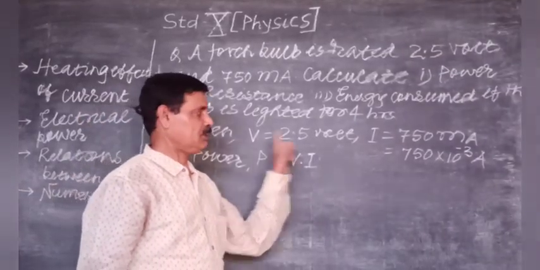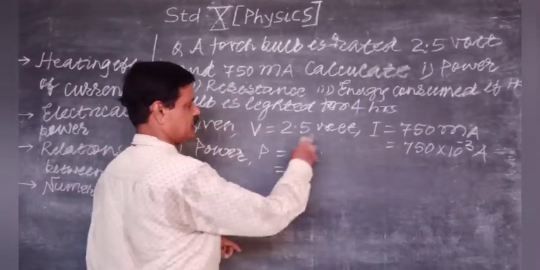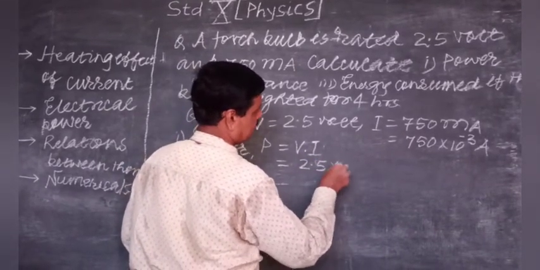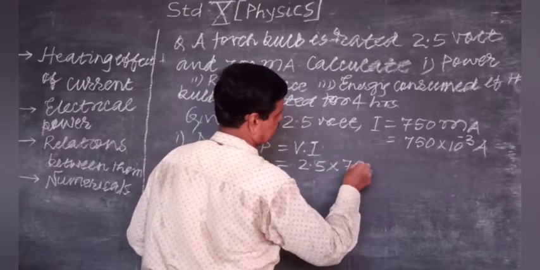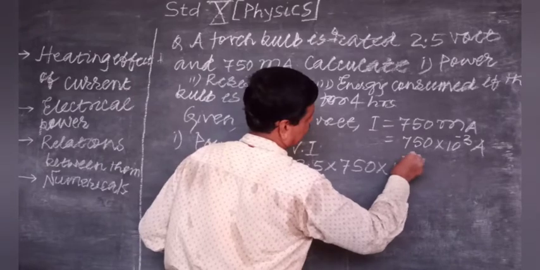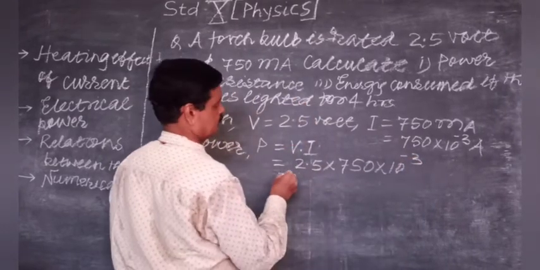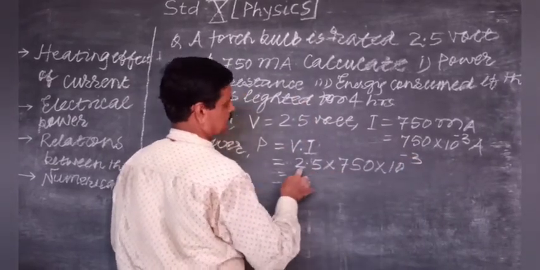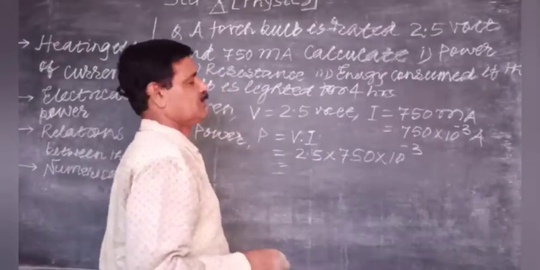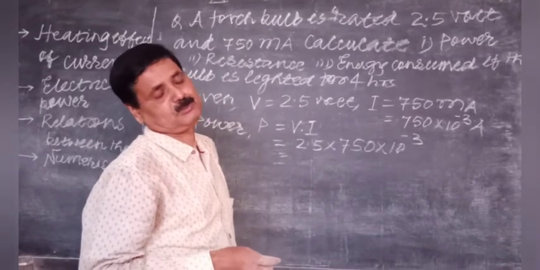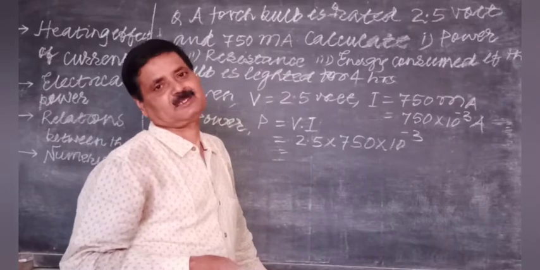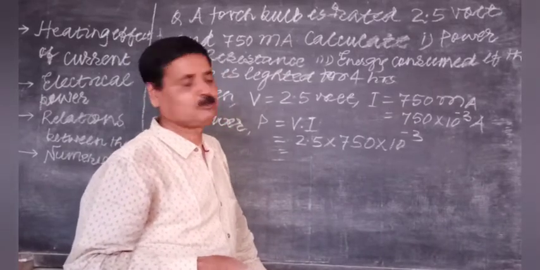Since the values of V and I are already given, V is equal to 2.5 and the value of I is 750 into 10 to the power minus 3. If you multiply this into this, 750 into 2.5, 750 to the 1500, half of 750 is 375.